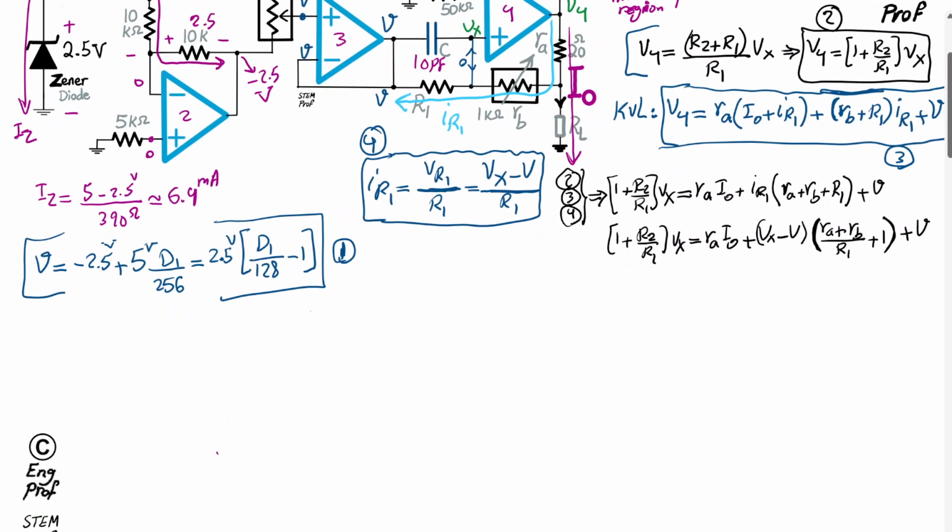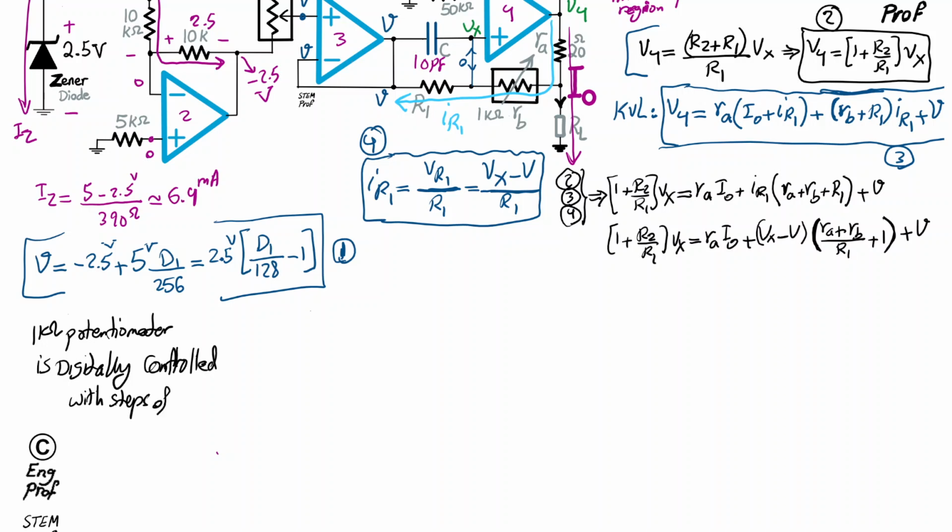For the 1 kilo ohm digitally controlled potentiometer, it is digitally controlled with steps of 0 to 255, so 8 bits basically.